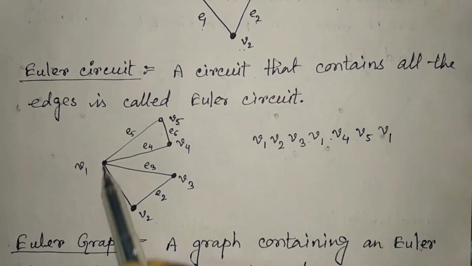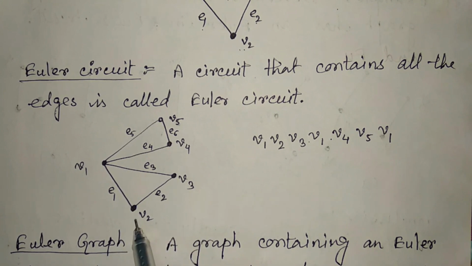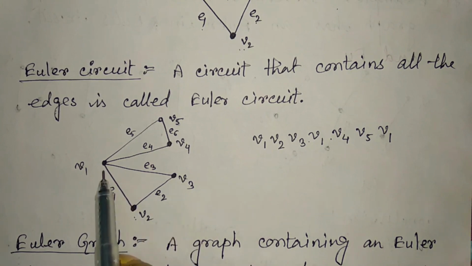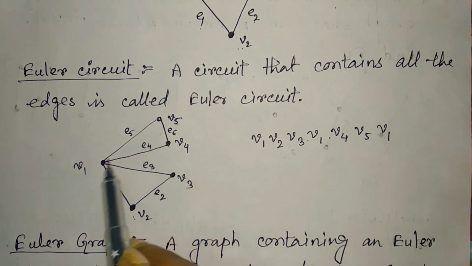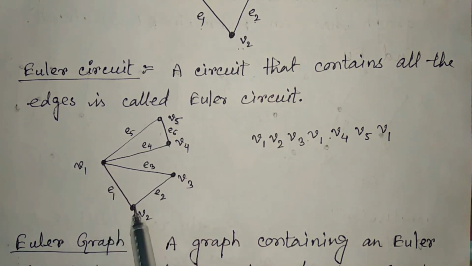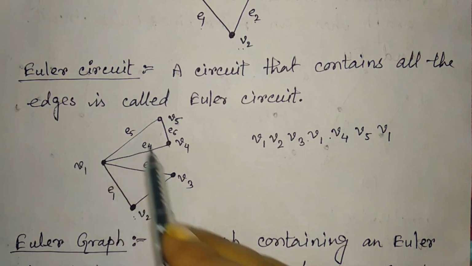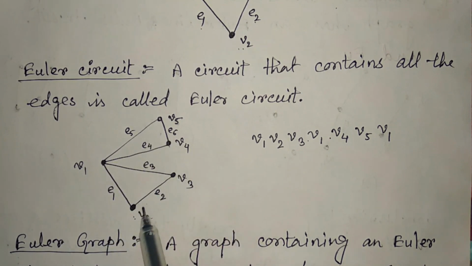For example, if this is our graph, then we may consider here V1, V2, V3, again V1, V4, V5, V1. This is a trail where no edges are repeated and all the edges of this graph are included.